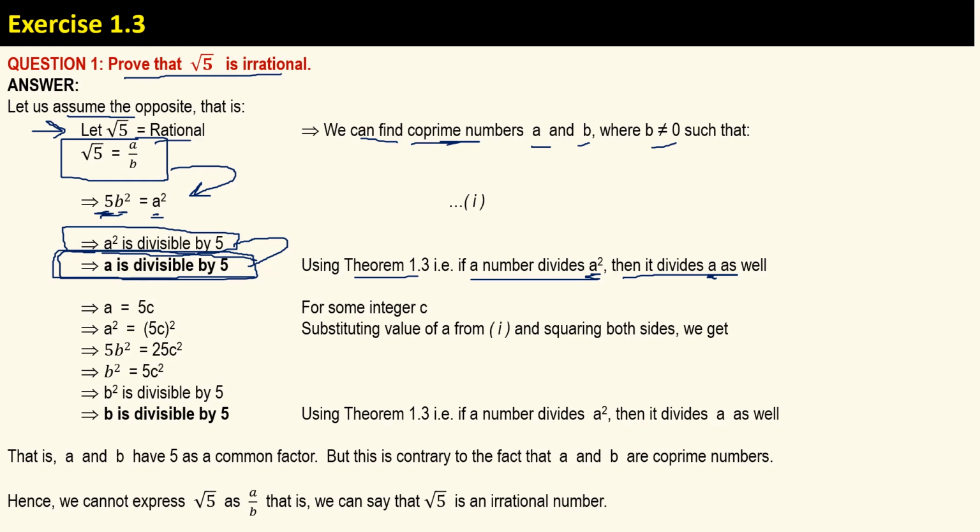Now let's say that if 5 can divide a, then a can be written in terms of 5. That is, let's write a as a is equal to 5c, where c is some integer.